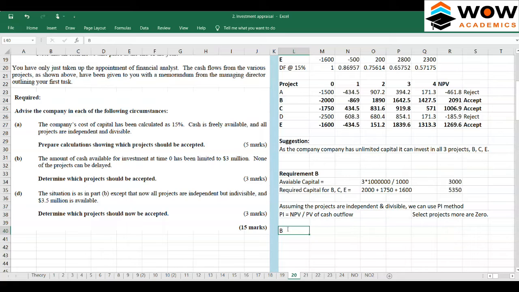So we'll find out for B, C and E. Okay, these numbers we have to find out. We need the NPV, the initial investment, and we also need the PI.